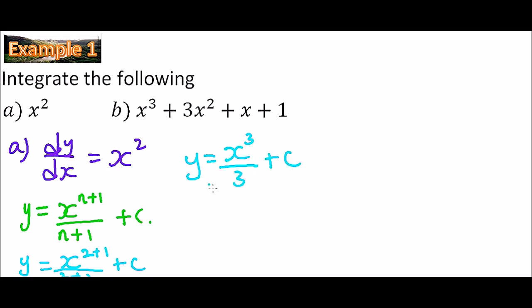So this is a function that was differentiated for us to get the gradient function x squared. We go to part B.